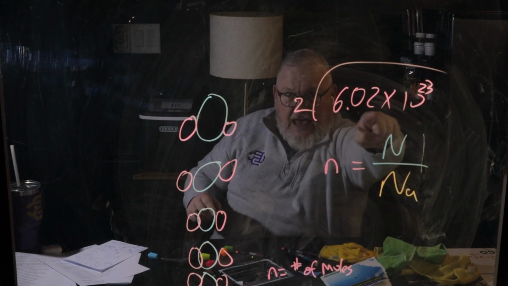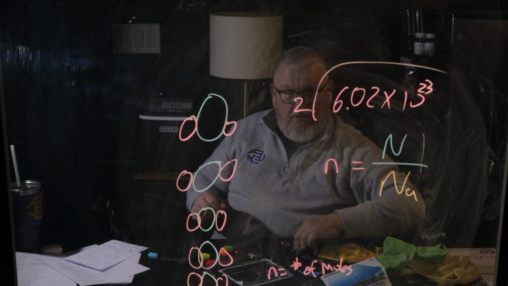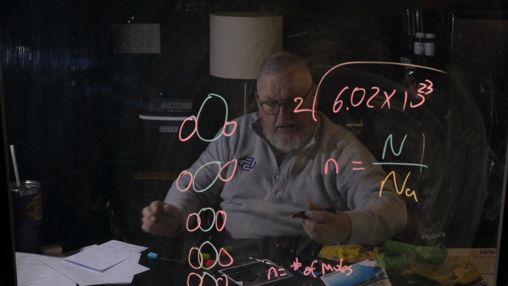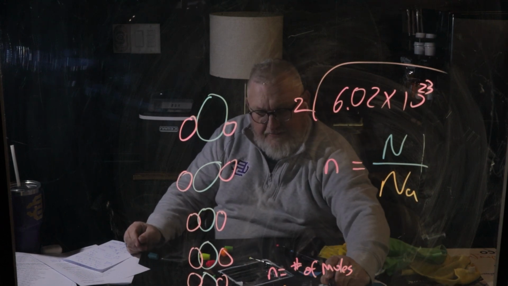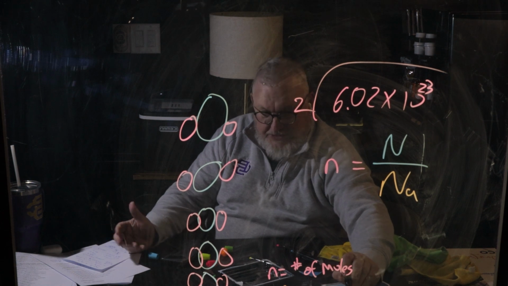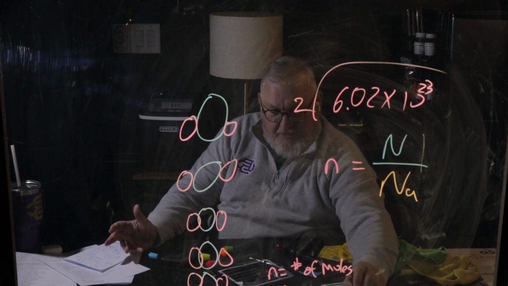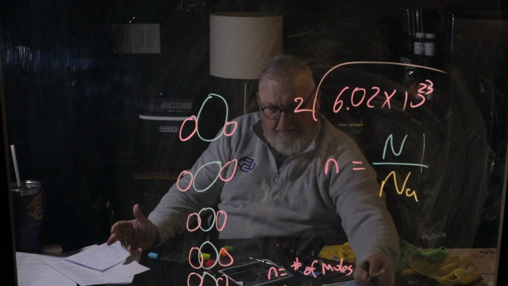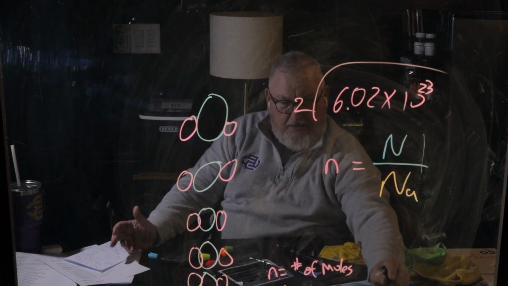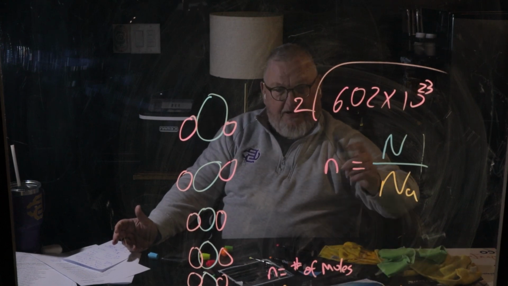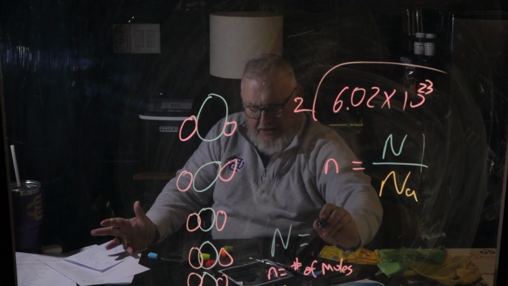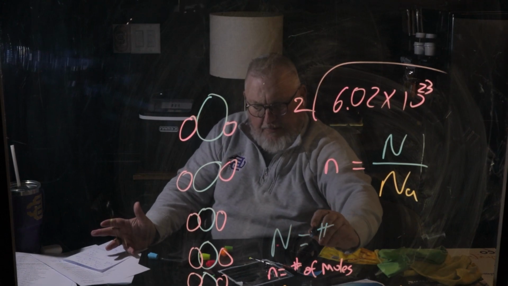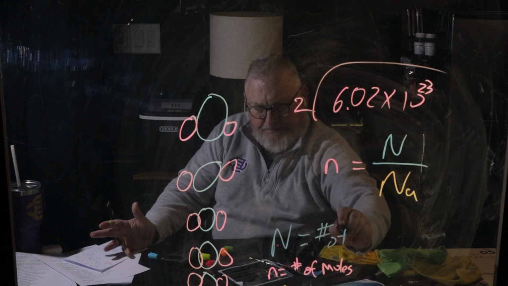NA is Avogadro's number. Write this down: NA equals Avogadro's number, which is 6.02 times 10 to the 23rd. And the capital N, all by itself, is your number of particles.